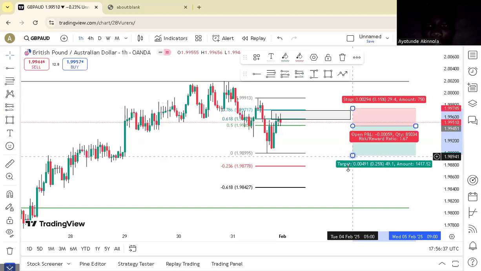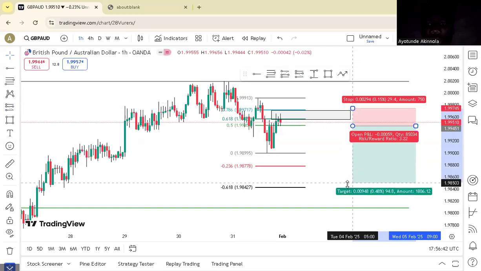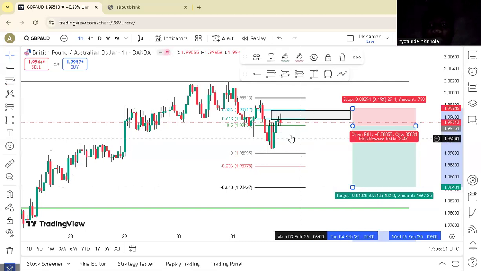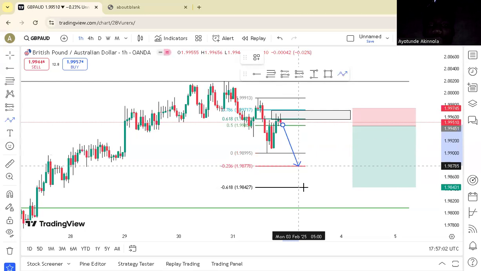Then I'll be shorting it down to this point. Let me use that too. So if price does what I said, you can call this TP1, TP2, then TP3.